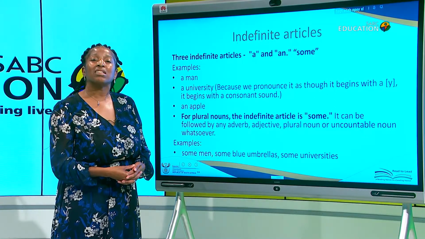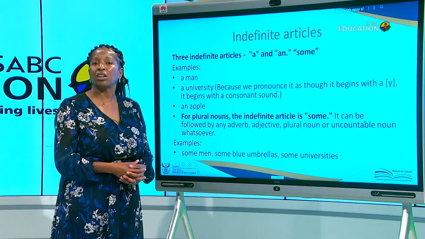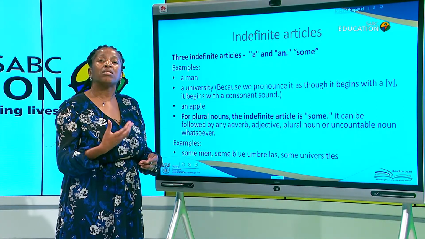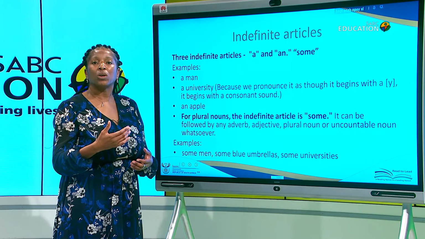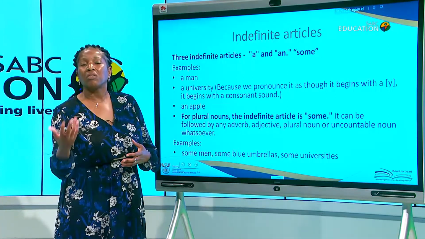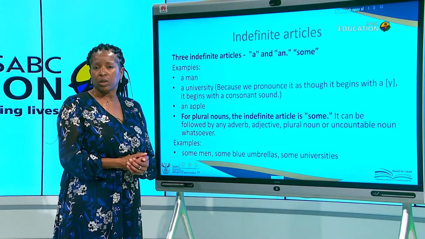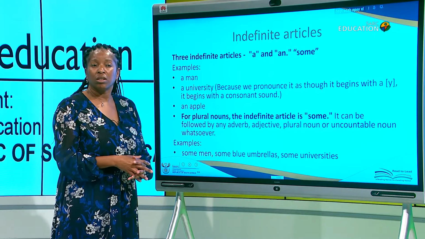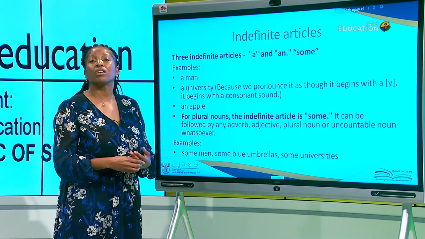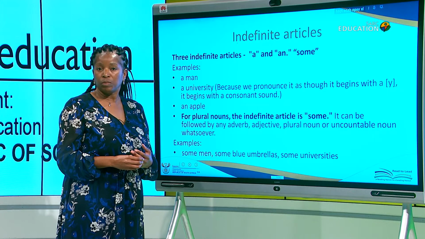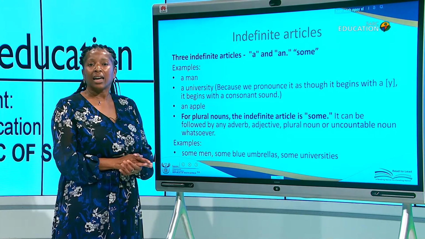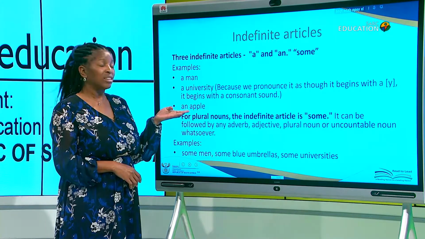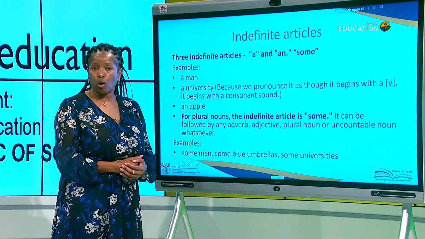You will notice that some of the words in the English language may have a particular sound, but are spelled with a certain either vowel or consonant. For example, university is spelled with a vowel, U. However, we cannot say an university, like we say an orange.